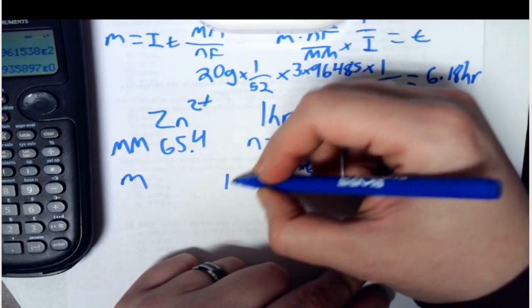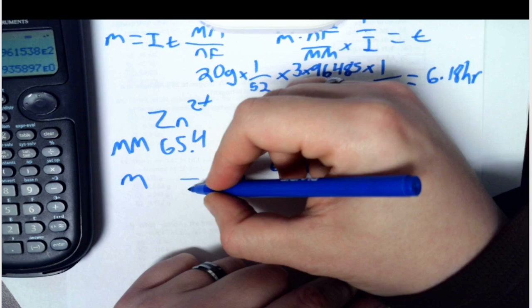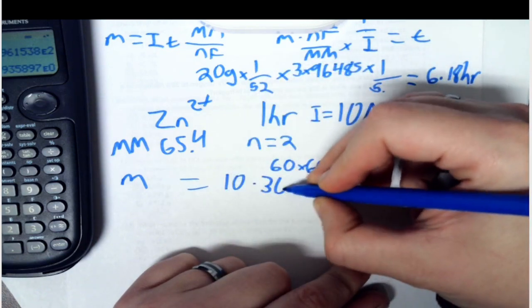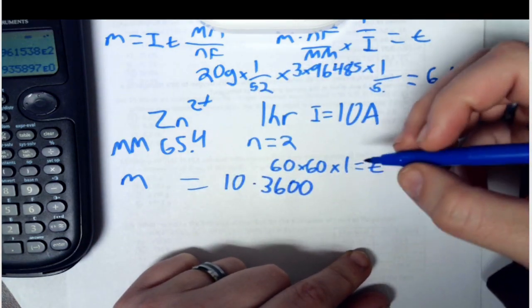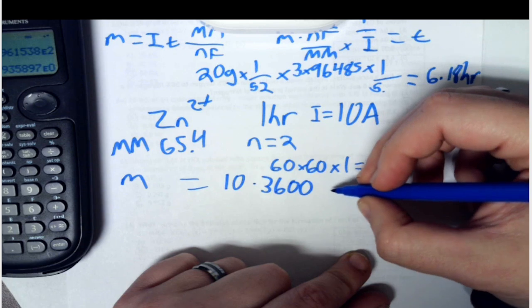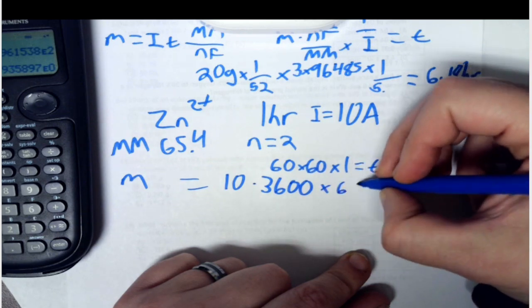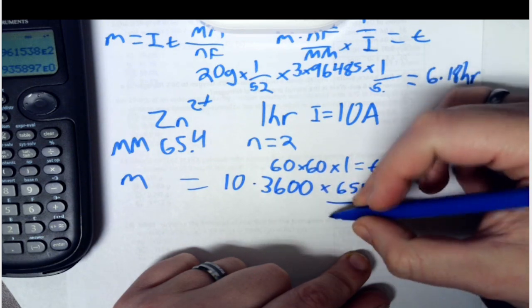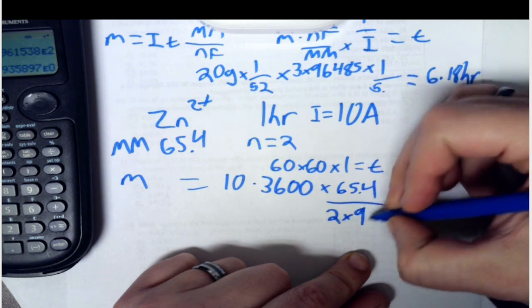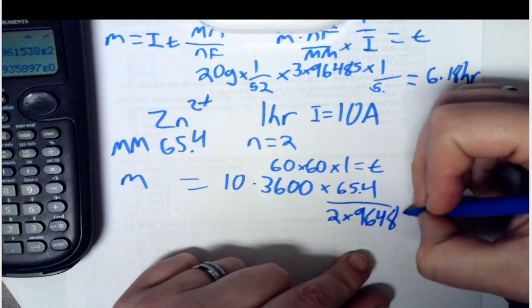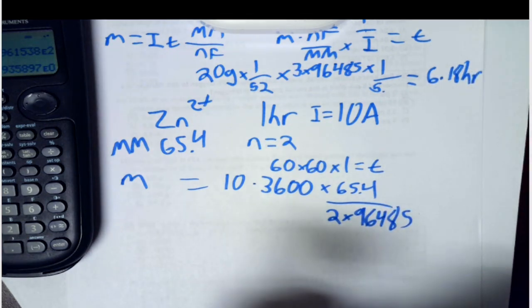So we have a current of 10 amps times 3600 seconds times a molar mass of 65.4, but then we have to divide that by 2 Faraday's.